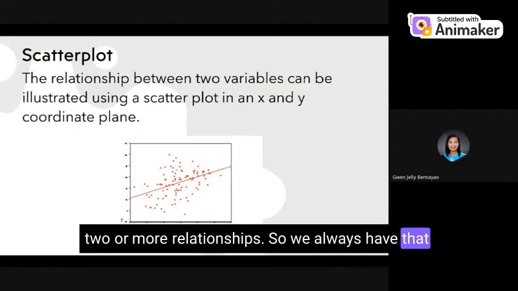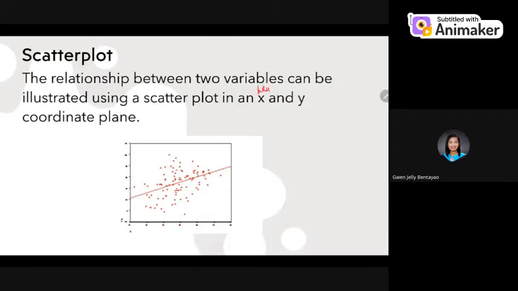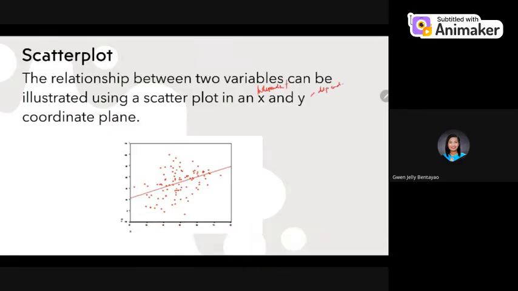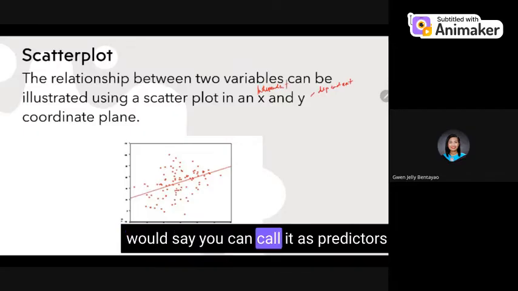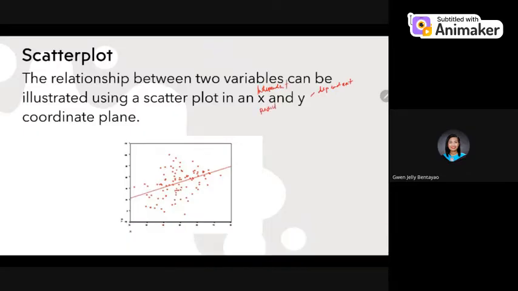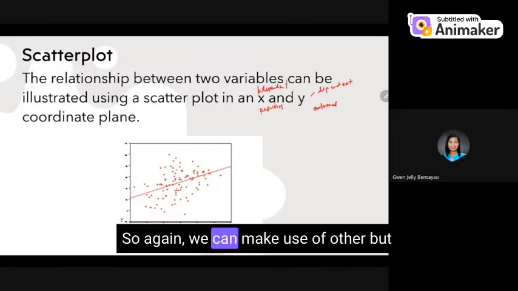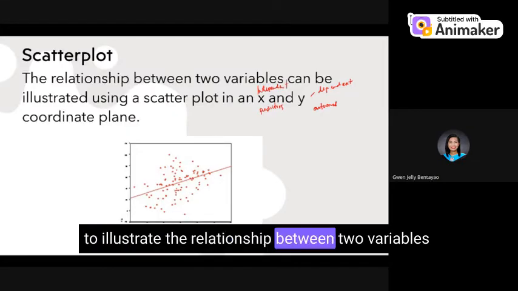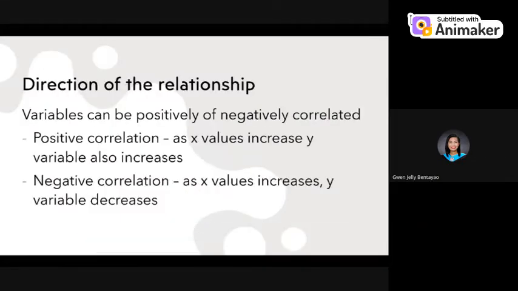So we always have the independent variable and the dependent variable. Other authors would call them predictors or outcomes. Again, we can make use of a scatter plot to illustrate the relationship between two variables.